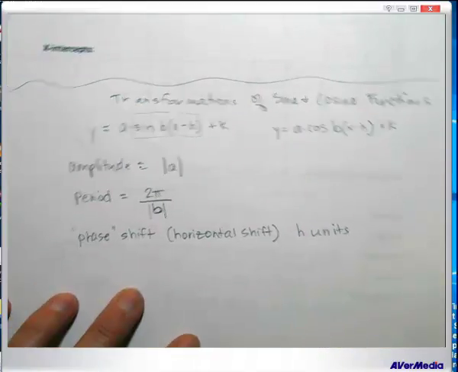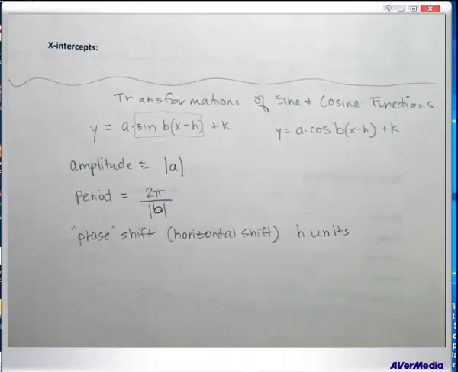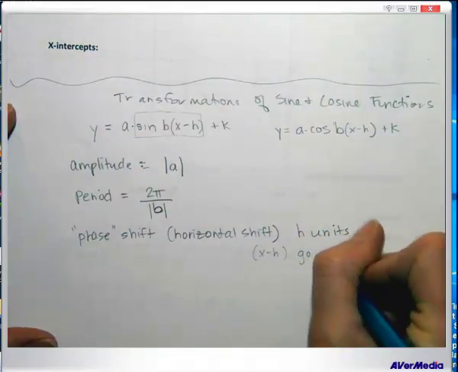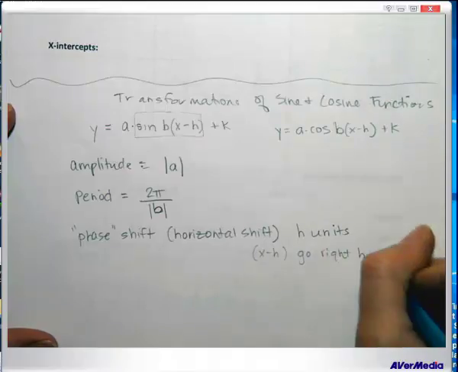And that one is, remember, we think about it sort of opposite of what you think. If you see a minus in your function, you're really going positive h units, so you're going to the right. So if you want to write that down, x minus h means go right h units.